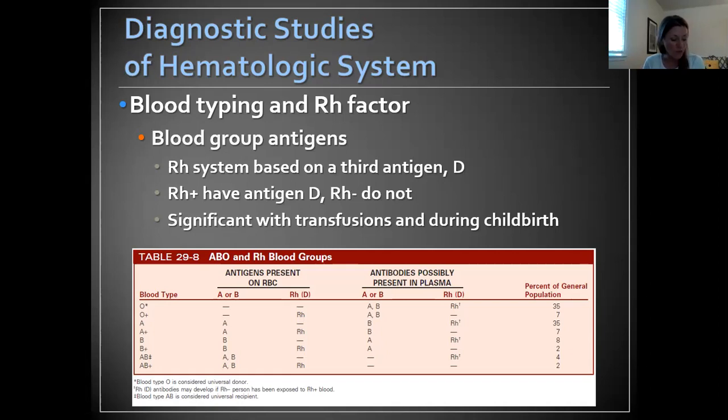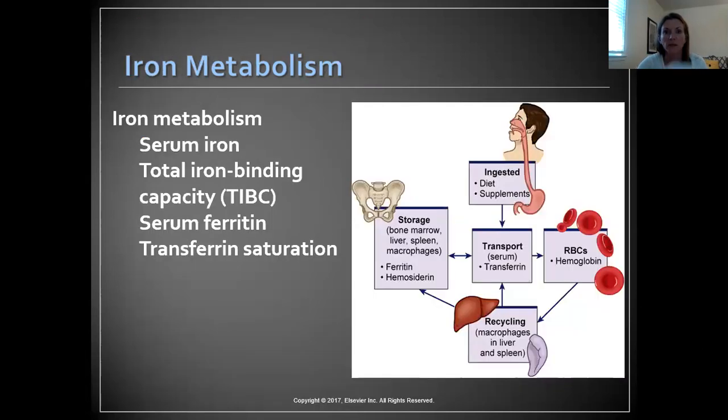This is why pregnant Rh negative women receive RhoGAM injections to prevent anti-D antibodies from forming. So blood typing and Rh factor is very important when we're talking about blood transfusions and transfusion reactions, which we'll talk about in a little bit.